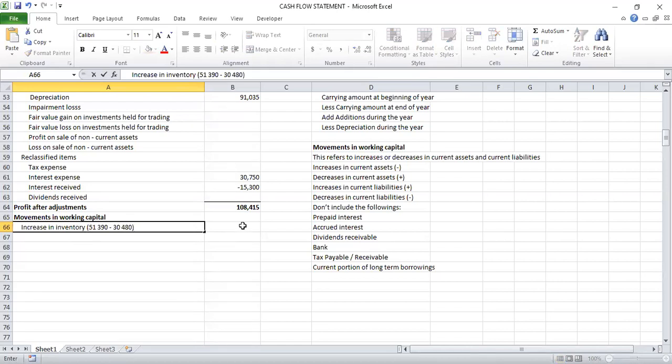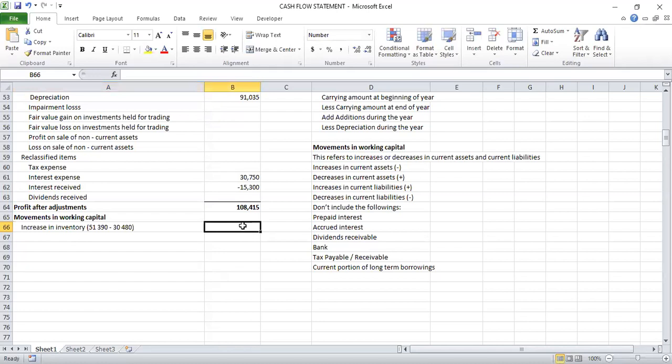What do we get? 20,910. So that is a negative. Why? Because it means that we invested in current assets, which is an outflow of funds.